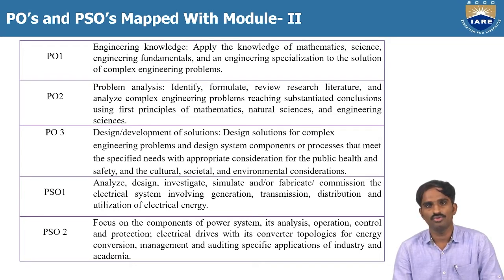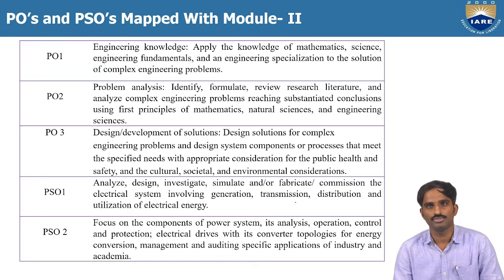These 3 program outcomes are mapped with module 2, which means we achieve the program outcomes using the course outcomes of module 2, which are CO4 and CO5. So these are the 3 program outcomes and the 2 program specific outcomes mapped with module 2.